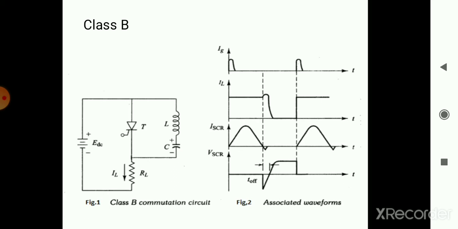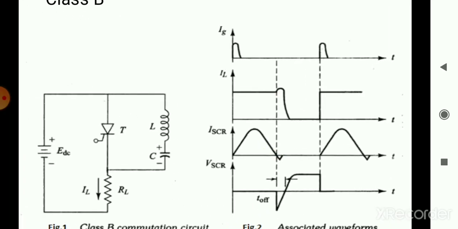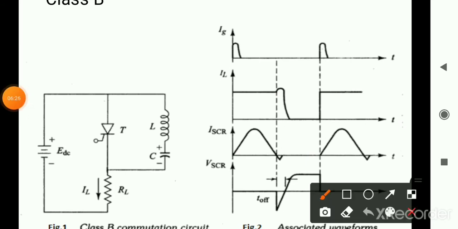Now the waveform. You can see from the waveform, when we apply the gate pulse, that is when I trigger the SCR, then the SCR current will start to flow in the SCR. So the same current is shown here. When a current is flowing through the SCR, obviously the load current is also flowing.